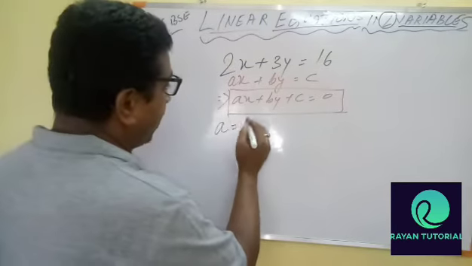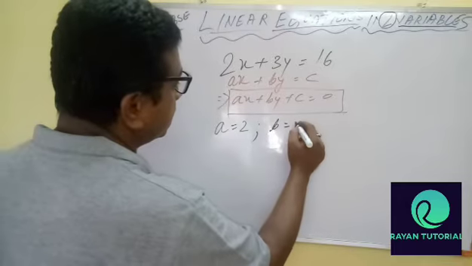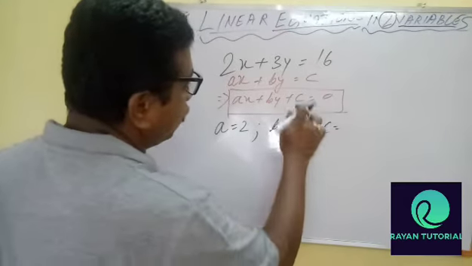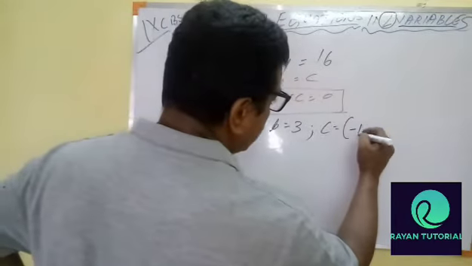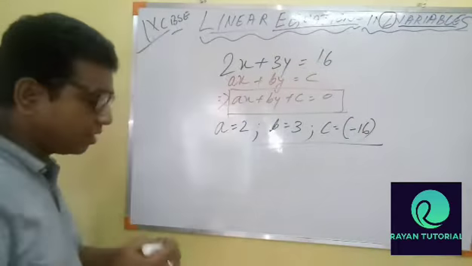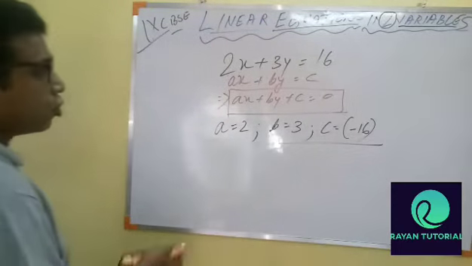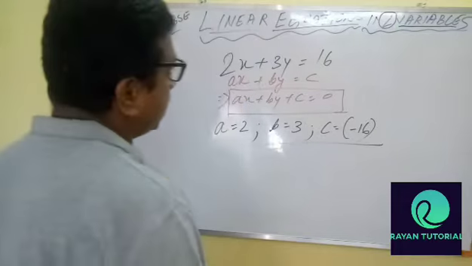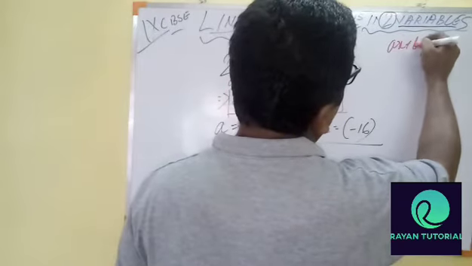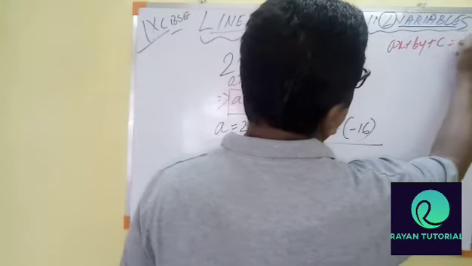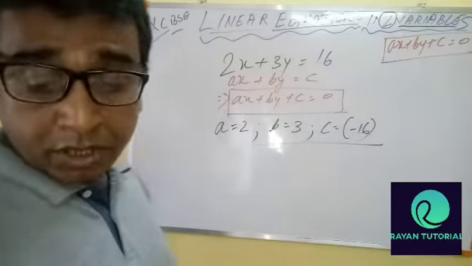Here the value of a is 2, the value of b is 3, and the value of c is 16, which comes this side, becomes minus 16. So these are the values of a, b and c. Is that clear? So always remember the linear equations should be in this form: ax plus by plus c is equals to 0.